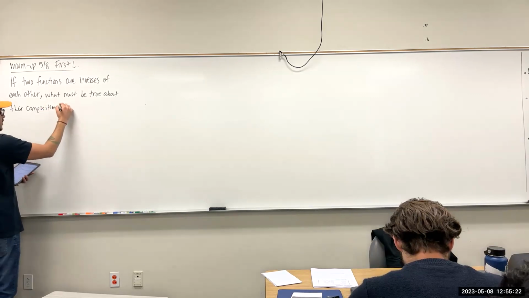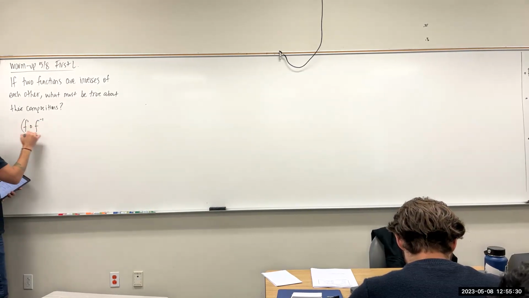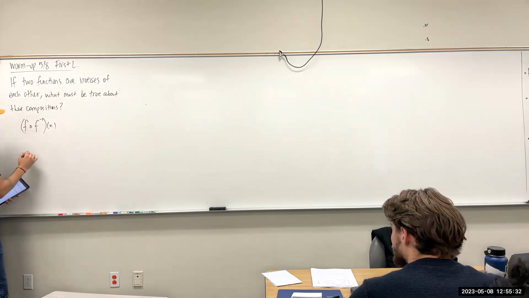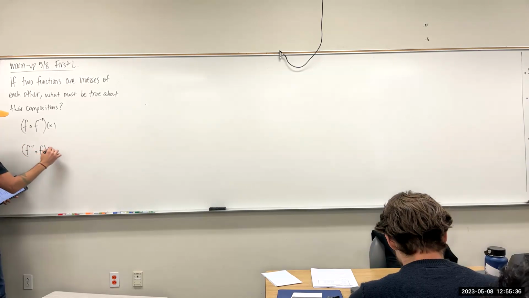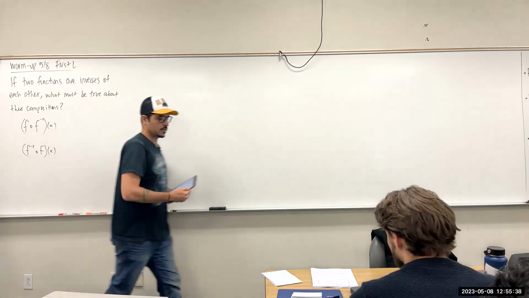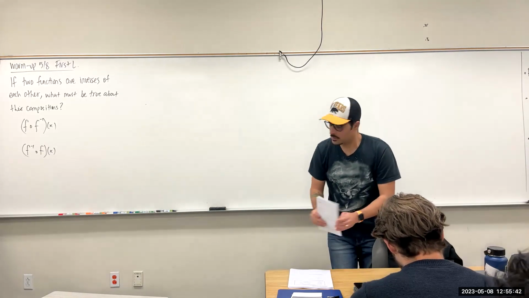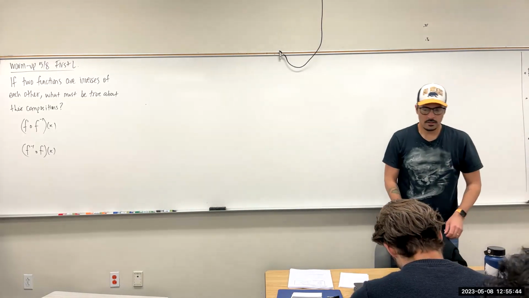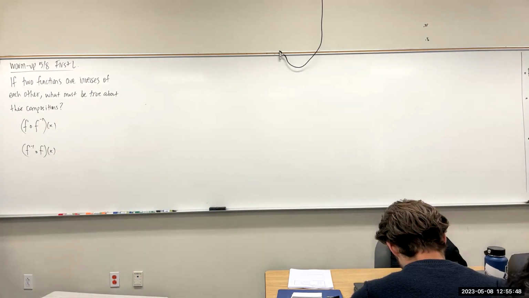Definitely a throwback. So what would happen if I compose these two together, or maybe the other way around? We talked a little bit about this back when we were learning inverse functions. So two functions are inverses of each other. What's true about their composition?